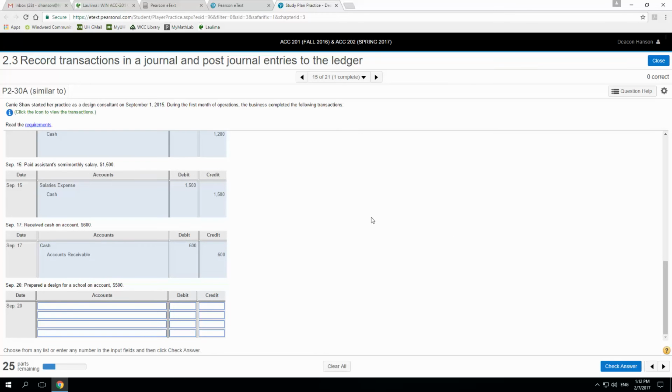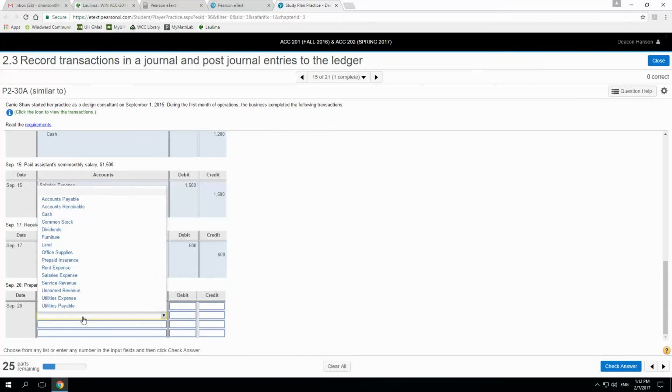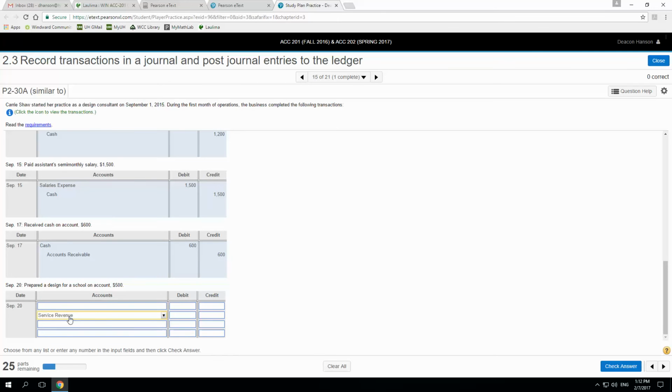We prepared a design on September 20th, prepared a design for a school on account. Okay, so this is a design firm. If they do work, they've earned revenue. So if they prepared this design for the school, they earn revenue from this school.